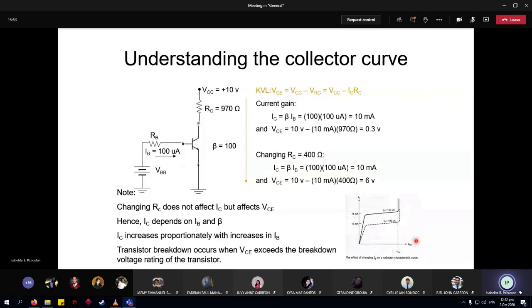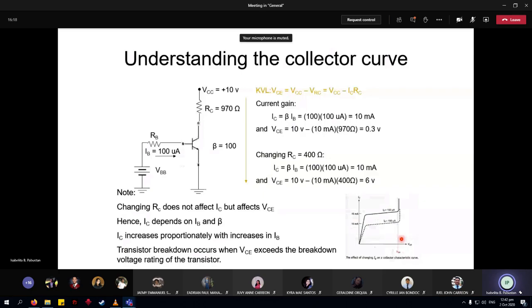Where can you see the data sheet? You can see the data sheet from the manufacturer itself, from electronic shops, from the library, or mas madali from the internet. Okay? For a particular IC, let's say for a particular transistor. Let's say you are given a 2N222 na transistor.